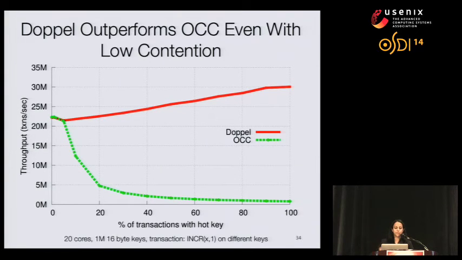And on the right, every transaction is incrementing the same hot key. That's the same point as in the previous graph. What this graph shows is that even with small amounts of contention, anything past 5%, the throughput of conventional concurrency control drops significantly on 20 cores. After only 5% writes to the contended key, phase reconciliation actually becomes very helpful.